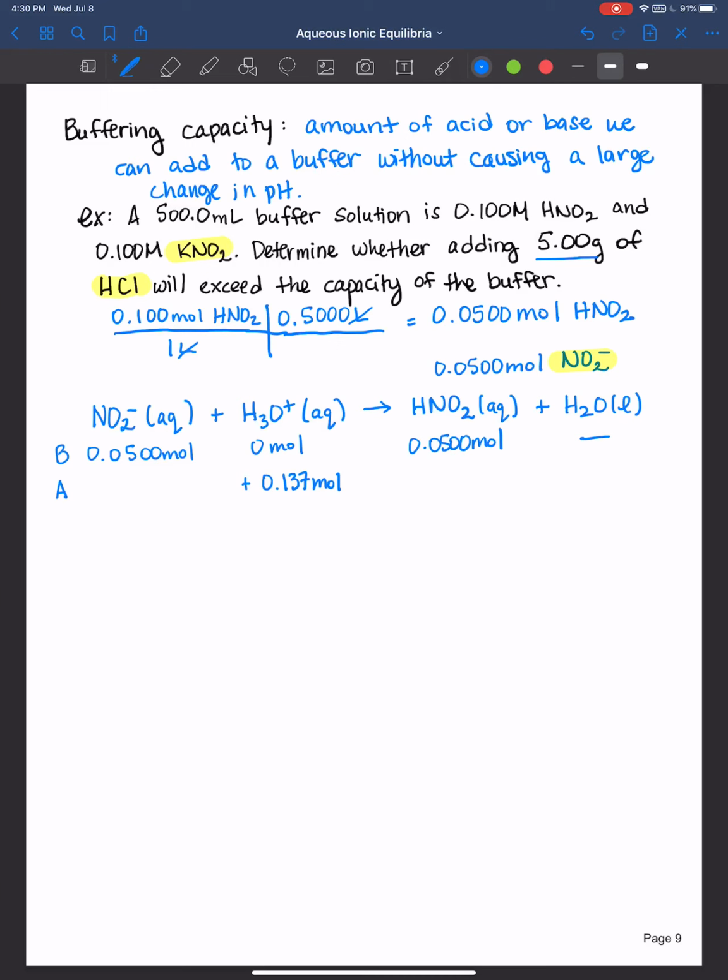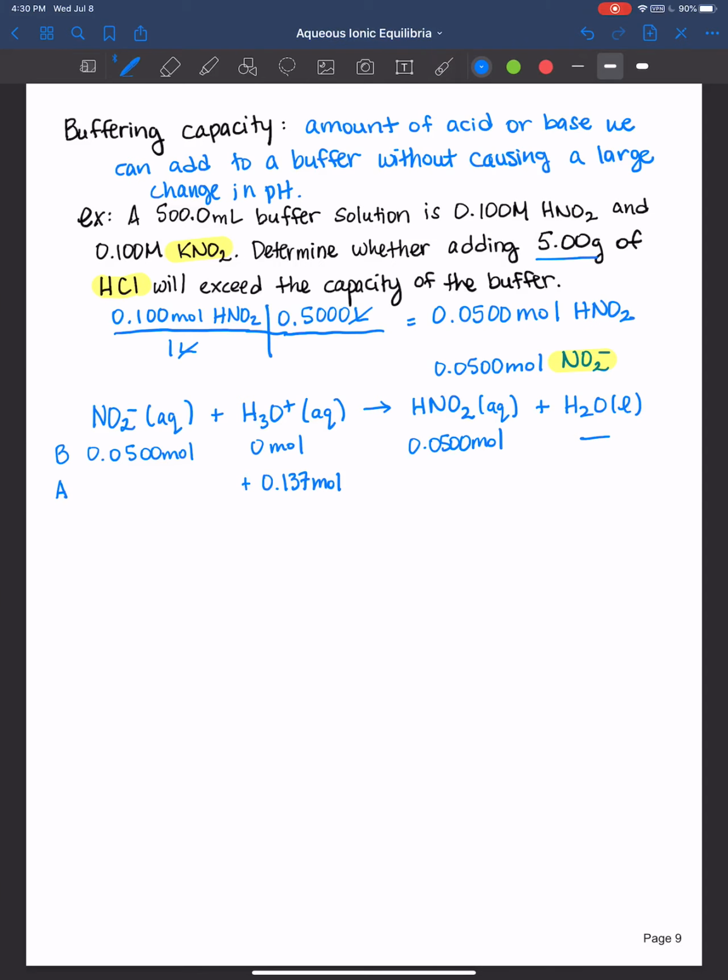Everything is 1-to-1 here, and we know that the acid will react with this base. But we always have to ask ourselves when we're looking at this BCA table, what's my limiting reactant? And that's the one with the fewer moles here. Our limiting reactant is actually the nitrite. That's part of our buffering system here. And you're not going to subtract out 0.137 because you do not have 0.137 moles to start with. But it will completely consume your nitrite.